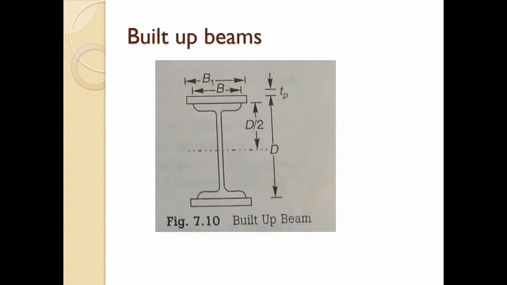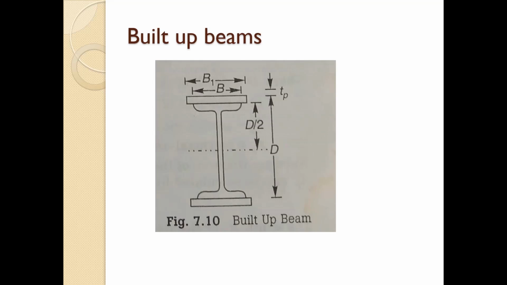Now, the built-up beams. When spans are long and loads are heavy, large bending moments are generated, which a rolled steel joist, even of a larger size, cannot resist. As we know, we have a limited, finite number of varieties of steel sections, beyond which we cannot go.